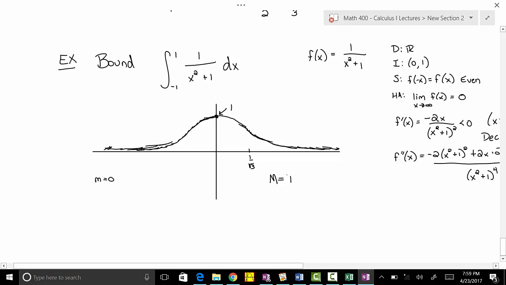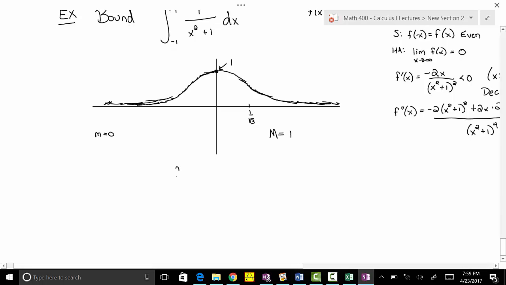So I happen to know that the integral, the area underneath the curve from -1 to 1 of 1 over x squared plus 1 dx, well, that is between the minimum, 0 times b minus a, and the maximum, 1 times b minus a.